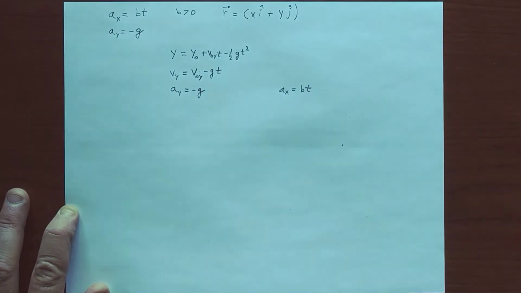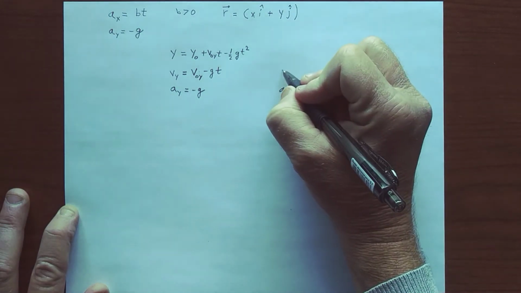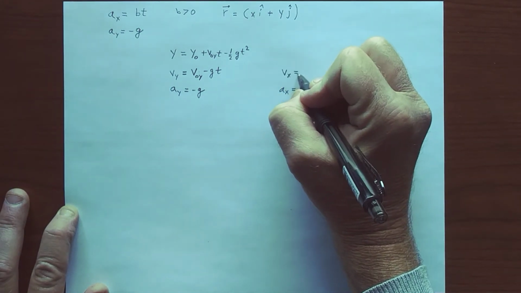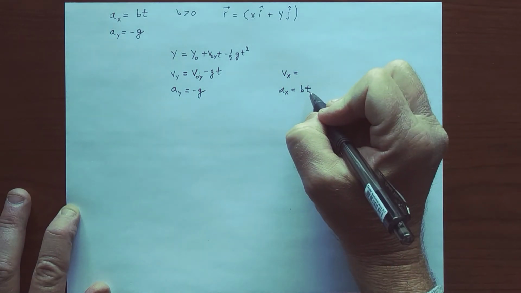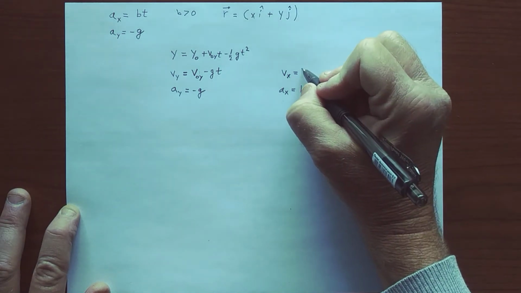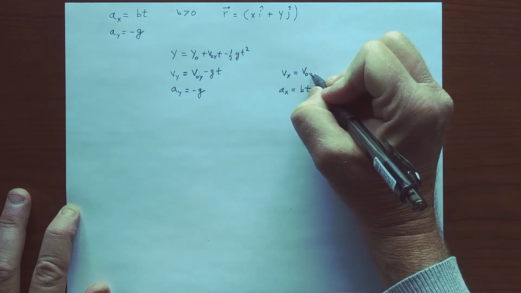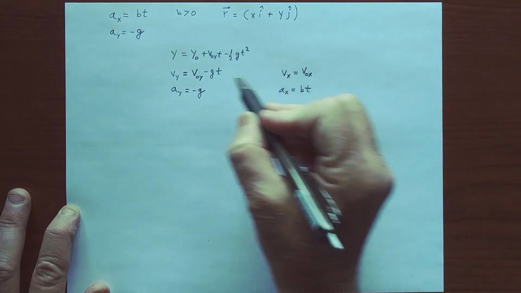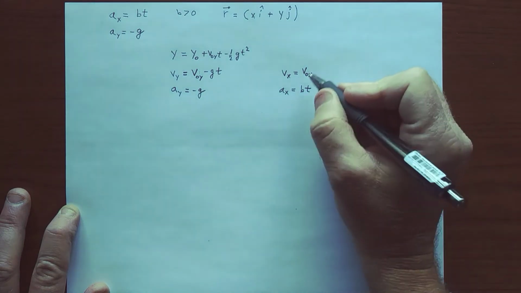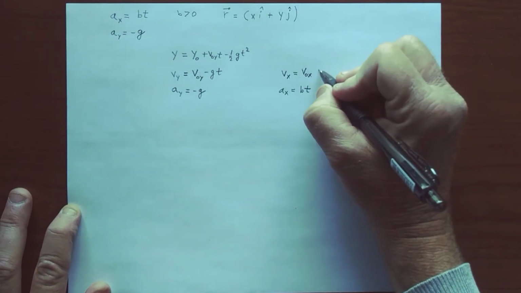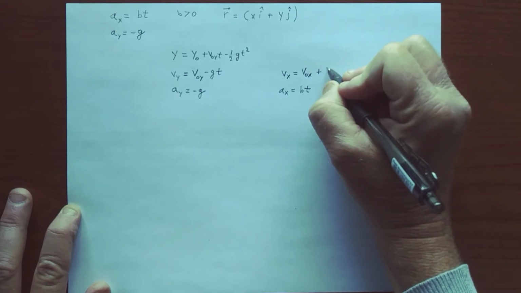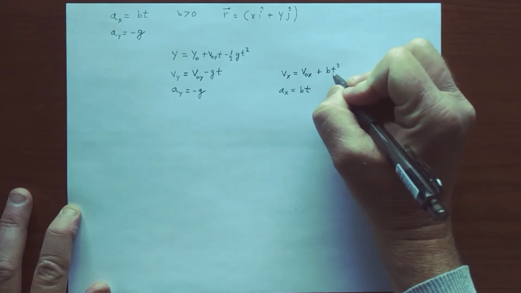Things are a little bit different in the horizontal direction. We have vx, the velocity in the x direction, which is the integral of this. We have a constant of integration, which is similar to this in spirit, because this value could be different from that, plus we integrate this, and we have b t squared over 2.